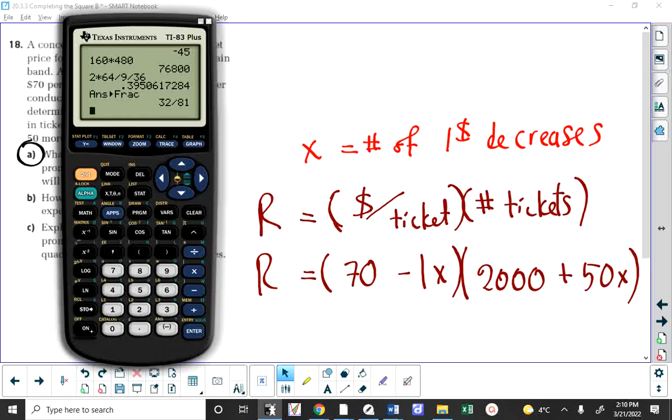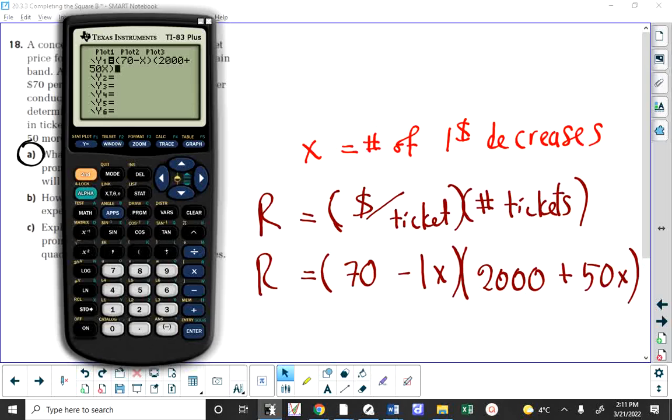In fact, if I am going to solve this on my calculator, I think simplifying it is a mistake, because as soon as I start to simplify it, I can make a mistake, can't I? A numerical mistake, an algebraic mistake. So I can just put in for Y, in brackets 70 minus X, times in brackets 2,000 plus 50x.